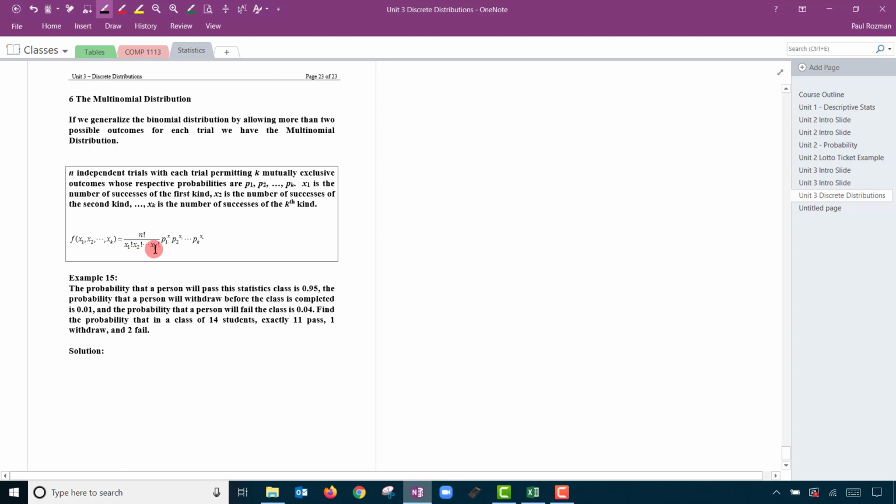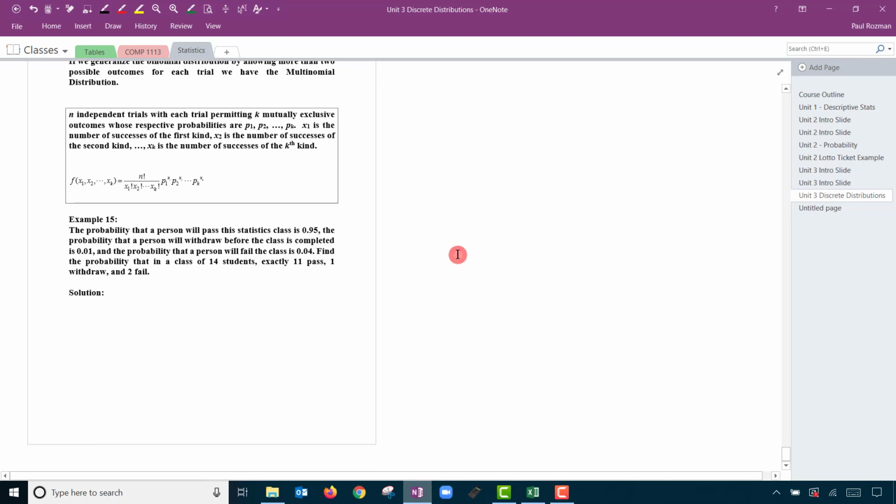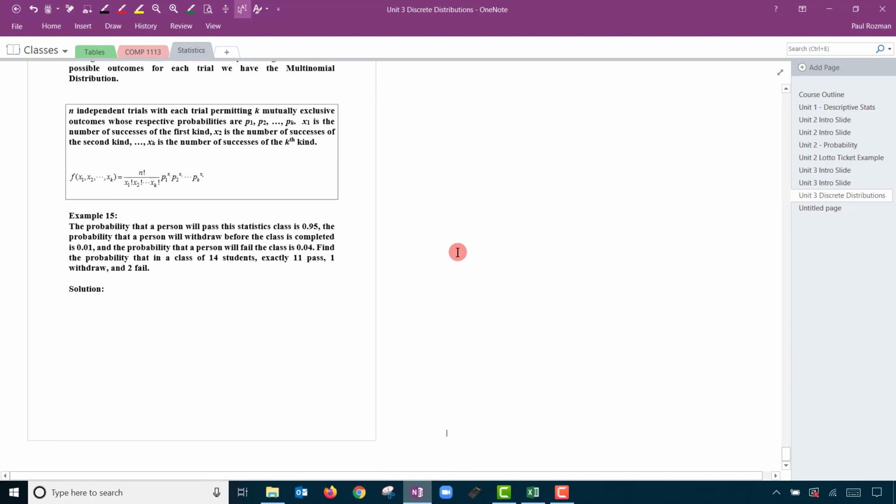The formula looks just like the binomial, except now I have the Mississippi rule at the beginning of it for each category. Here's a little example. I think it'll make some sense. It makes more sense almost with the example than with the formula.